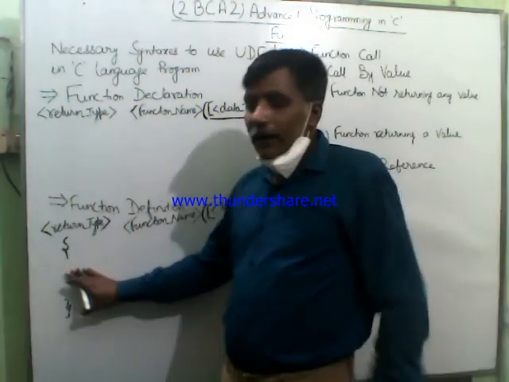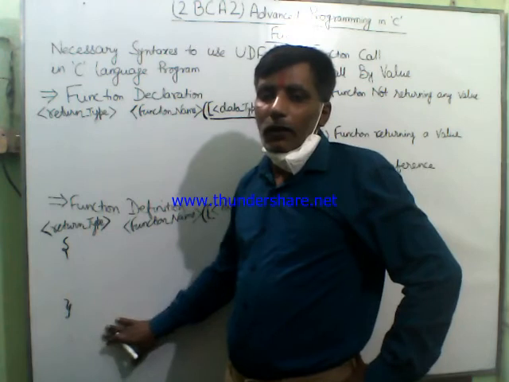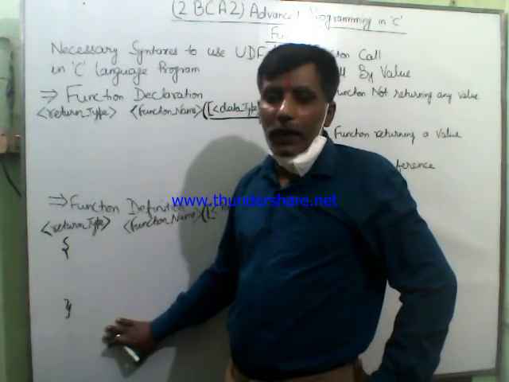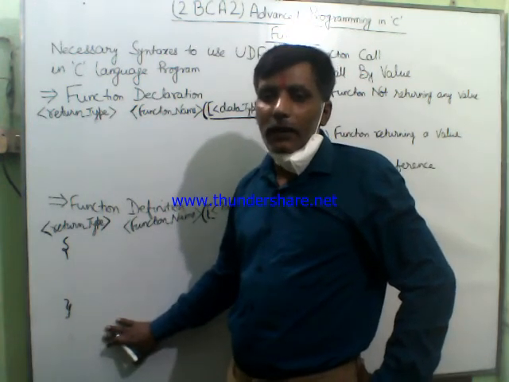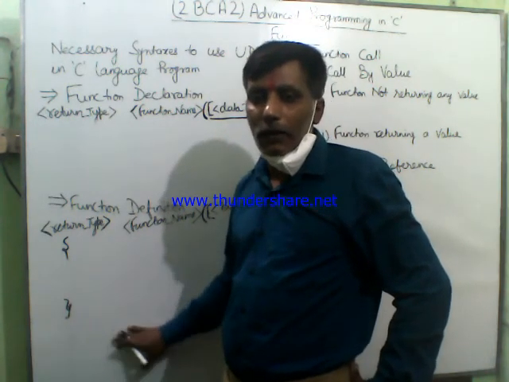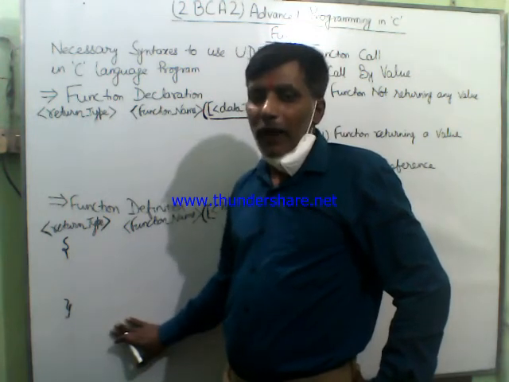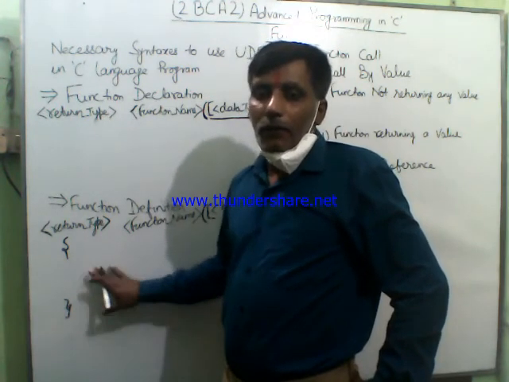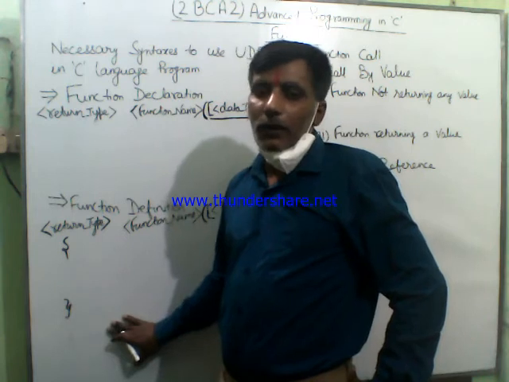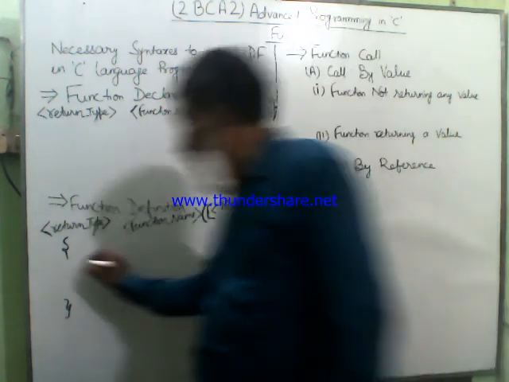You have to write the statements for which you are using the user-defined function in the program inside the body of the function or inside curly bracket open and close. Inside the curly bracket open and close, you have to write the statement for the task for which you are using the user-defined function in the program.